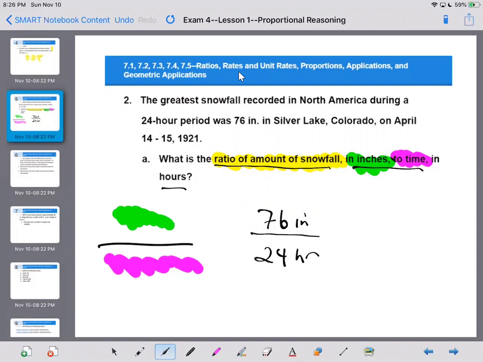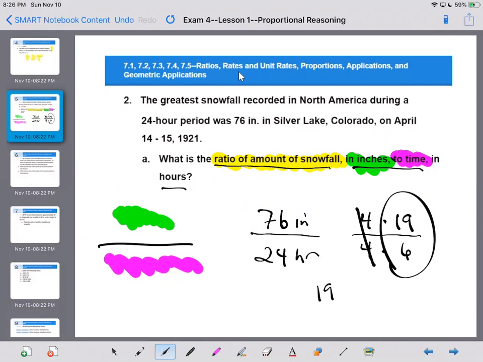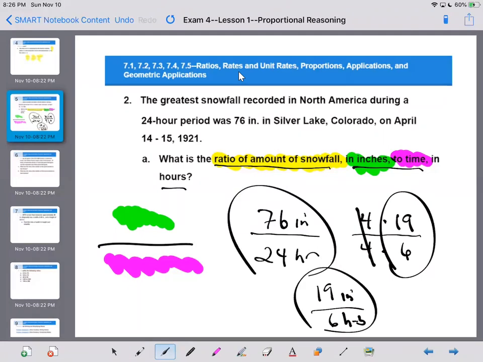So we could say 4 and 19 are 2 factors of 76. And 24 could be 4 and 6. So these 2 factors would divide out, so we'd be left with 76 inches in 24 hours would be the same as 19 inches in 6 hours. So these are what we call equivalent fractions. And we're comparing amount of snowfall in inches to time.